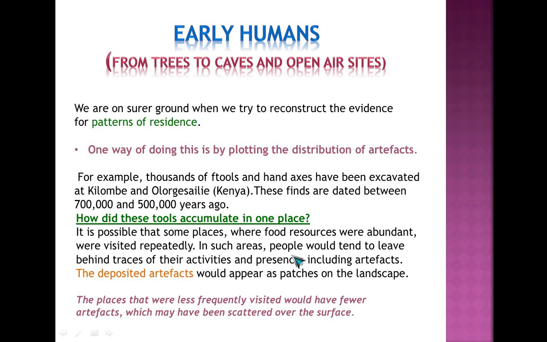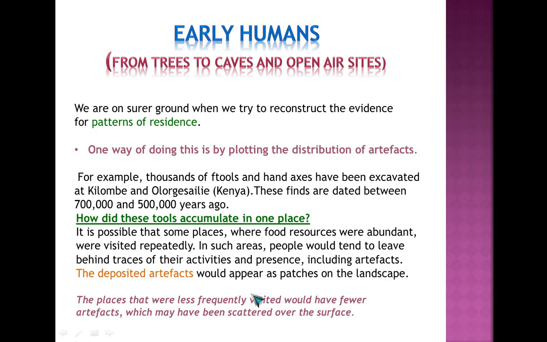People will tend to leave behind the traces of their activities, what they did, suppose sitting around the campfire, including artifacts, making something, making jewelry or making earthen pots, all these things. So food is something which is very essential for anybody to survive. A lot of deposits of artifacts have been collected, and that always appears as patches on the landscape.